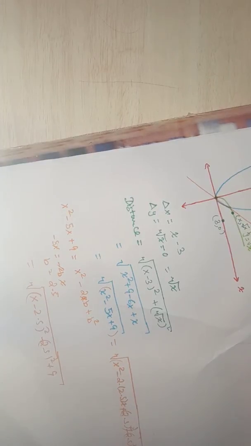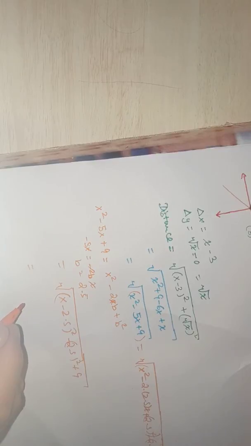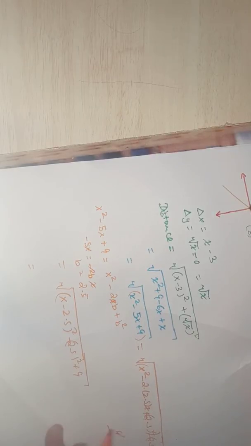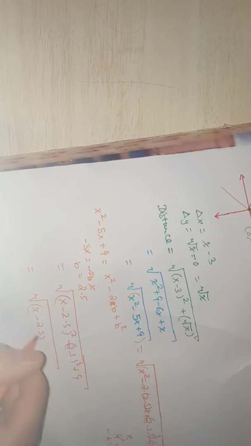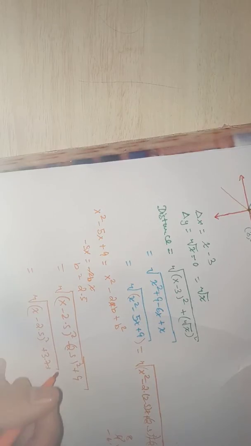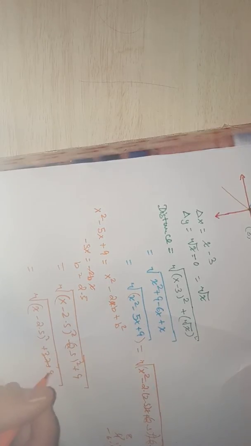So 2.5 squared is 6.25, and 9 minus 6.25 is 3.75. So it's (x minus 2.5) squared plus 3.75, or essentially you can think of it as 9/4. Yeah, 9/4.